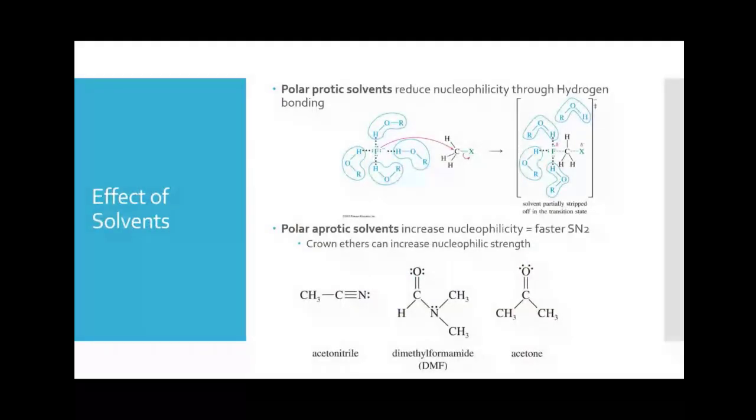All right, and here's the effect of solvents. The reason polar aprotic solvents increase nucleophilicity is because they do not stabilize the nucleophile.